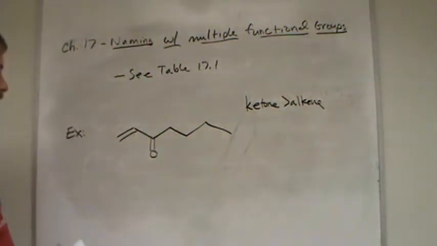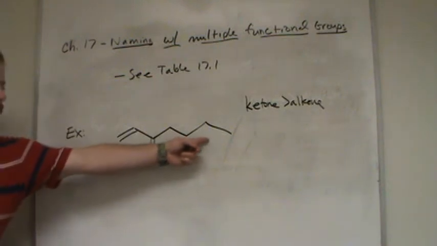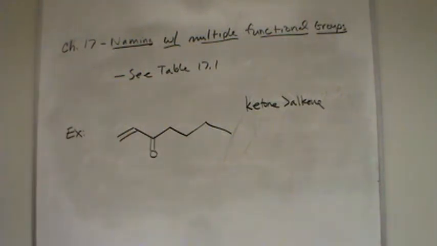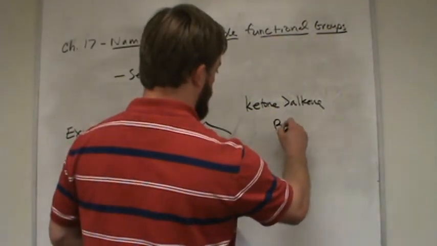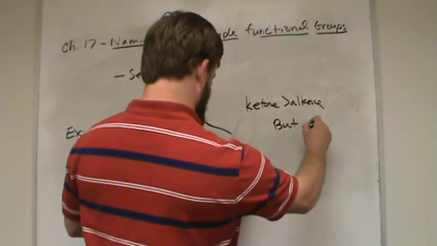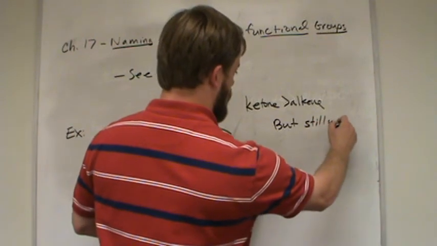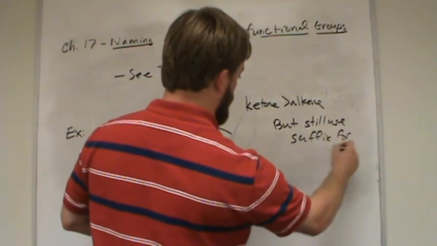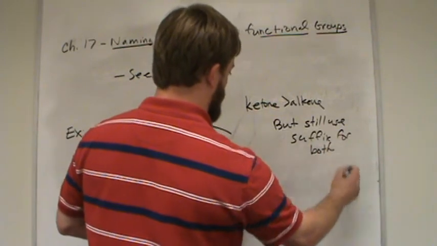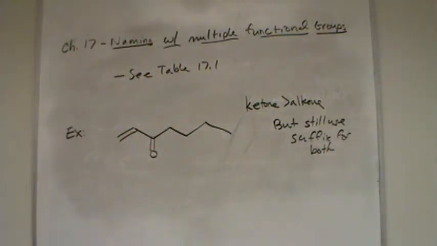But an alkene is special because it's right along in the chain, so we can use it as a suffix as well. So both the ketone and the alkene will be treated as suffixes here. And you're going to put the alkene out in front of the ketone.